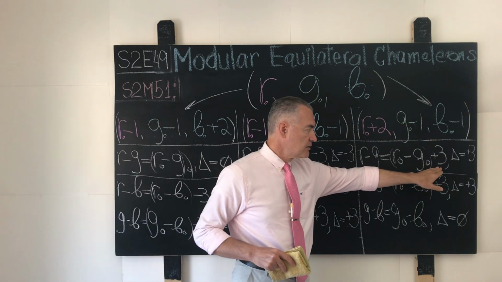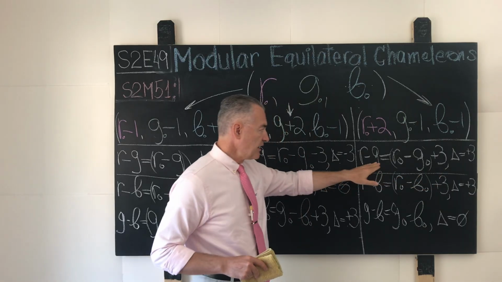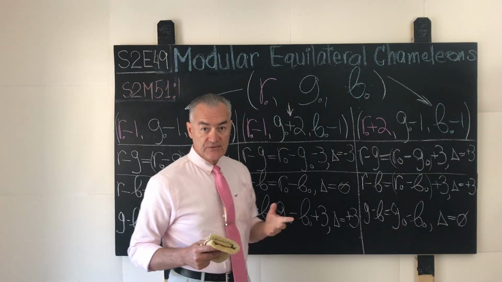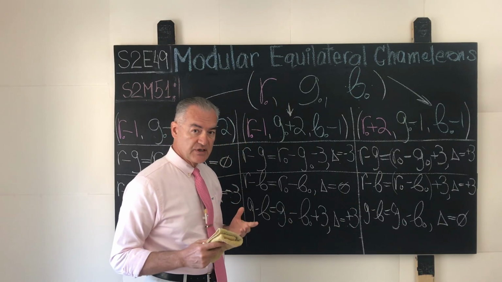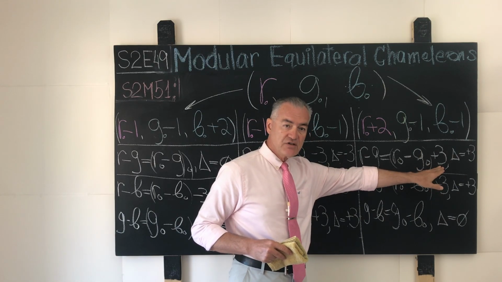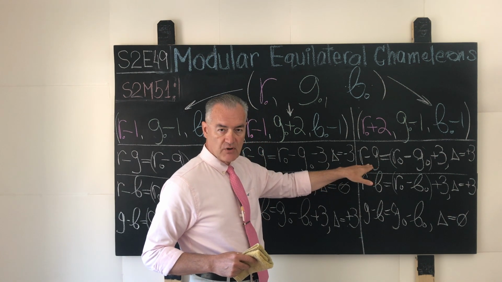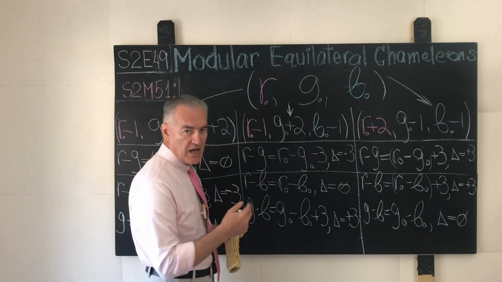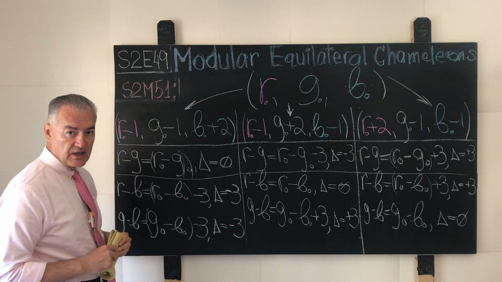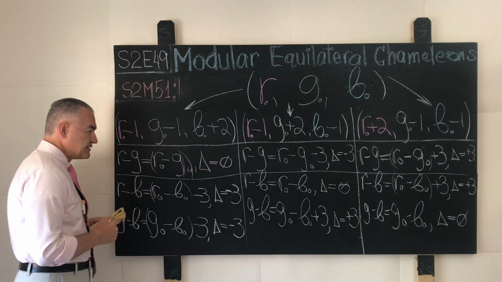And likewise the +3: technically r minus g and r0 minus g0 are different numbers, but they differ precisely by 3, our modulus. So upon integer division by 3, this +3 vanishes, and the difference r minus g, the difference between the number of the red and the green chameleons after each and every colorful transformation, upon the integer division by 3 generates one and the same number and remains an invariant.